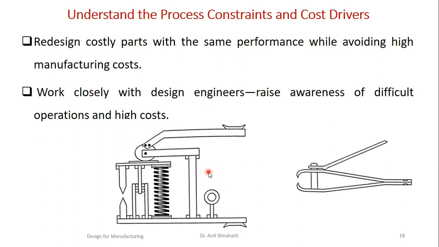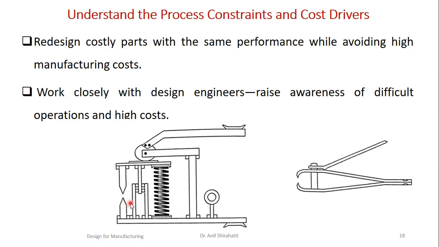The first one is to understand the process constraints and cost drivers. Redesign the costly parts with the same performance while avoiding high manufacturing cost. Work closely with the design engineer and raise awareness of difficult operations and high cost. You can see this is a simple spanner. In the first design, see how complicated it is, with this spring and this arrangement just for holding a small pin.